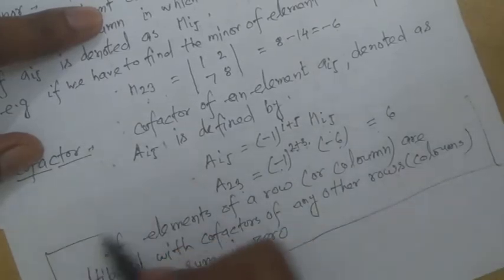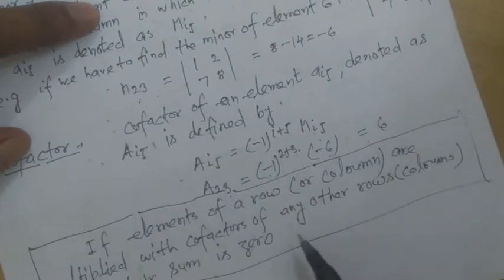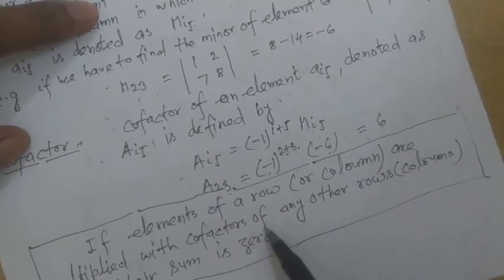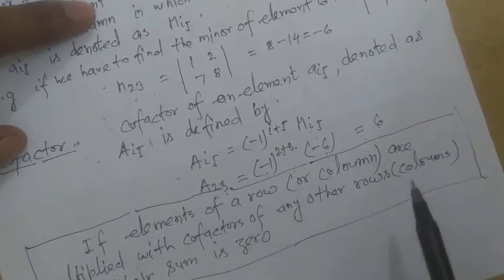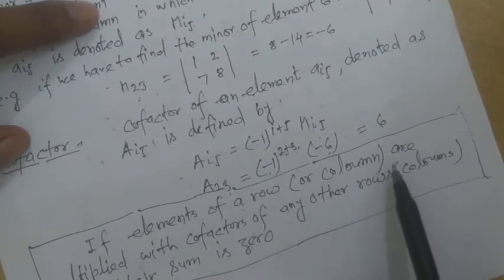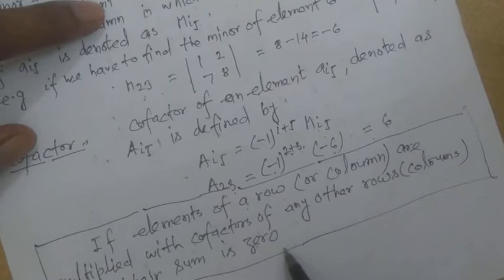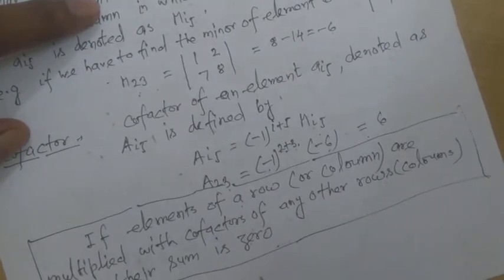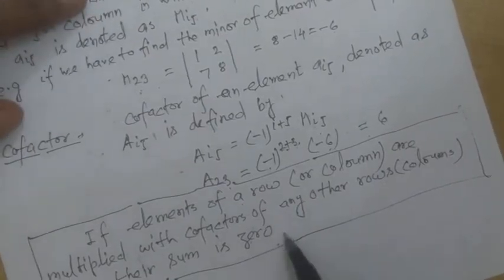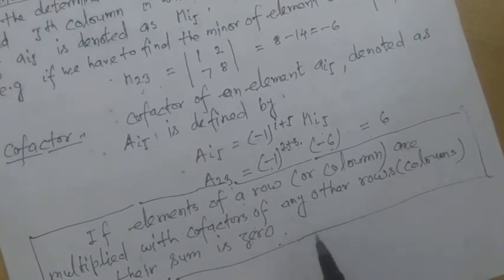It means if we multiply the cofactors of the other row or column to a row or column, then their sum is 0. We will use this concept in our question solving.